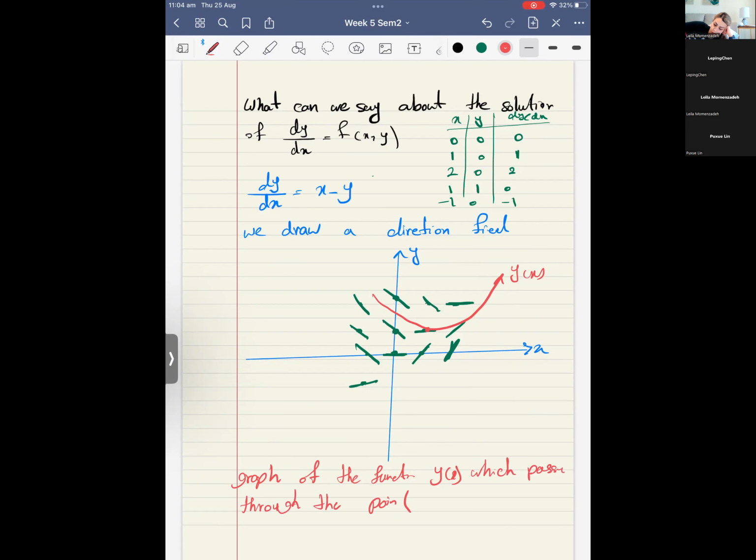If I show you by computer, it passes through minus 2 and 0.5, and it is tangent to all of the slopes.